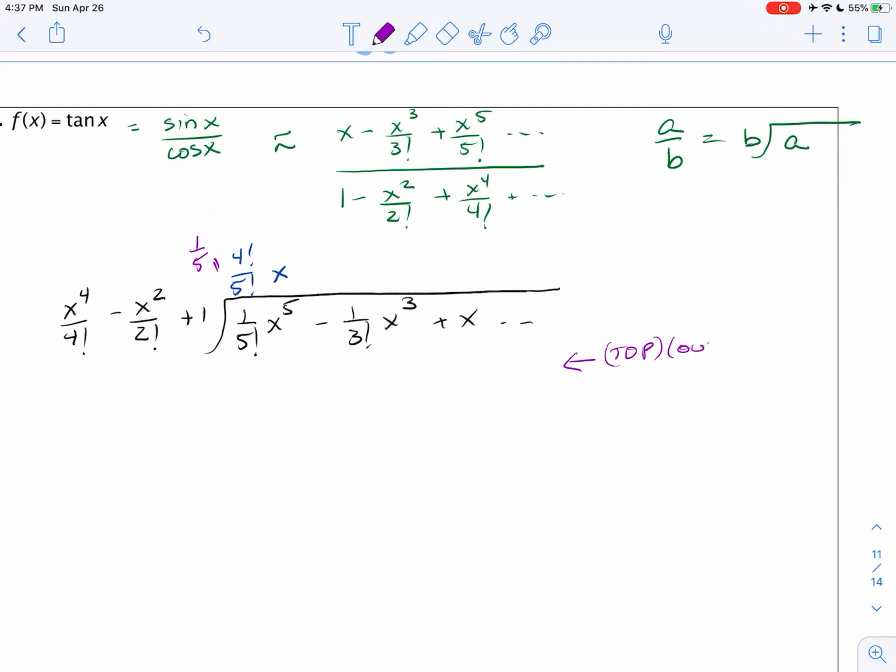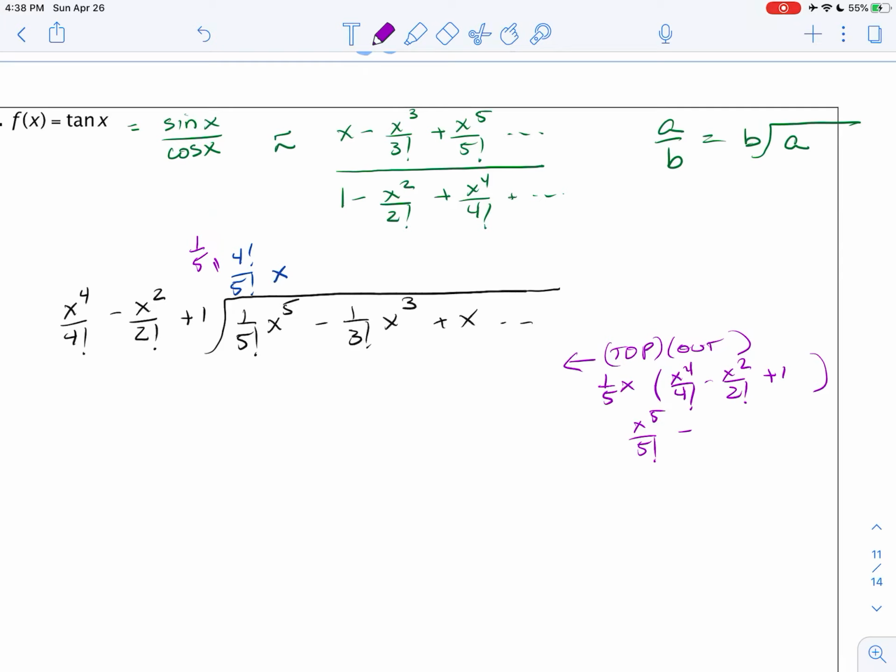And remember, with long division, what do we put here? We put the top factor times the outside. And so what did I put on the top? I put 1/5 times x. And what's on the outside? X to the 4th over 4 factorial minus x squared over 2 factorial plus 1.